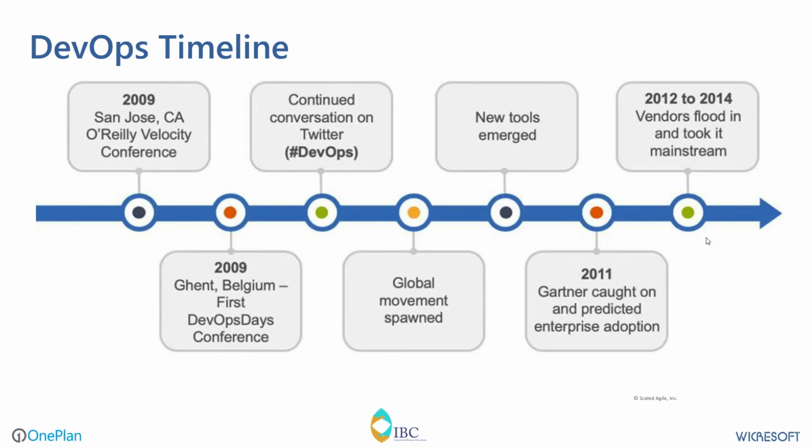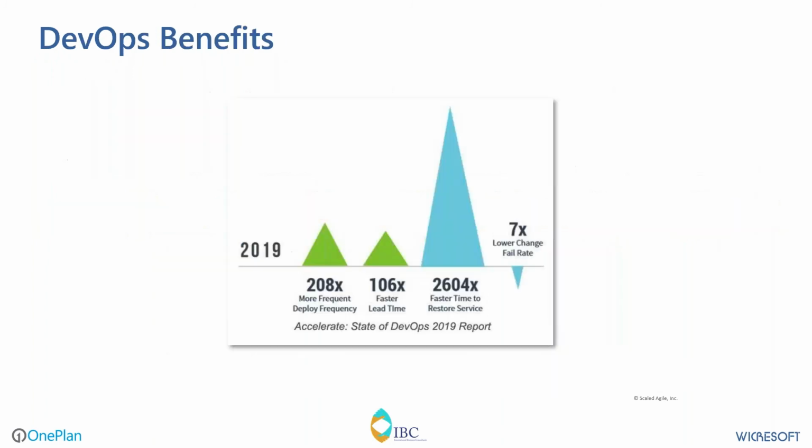When you put it together with Scaled Agile, it's even more powerful because you're bringing greater alignment between development and operations, as DevOps says. So if you're not already doing it, you have to address it, and you have to continue doing it in order to improve.